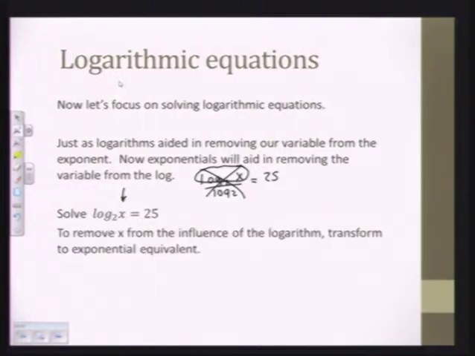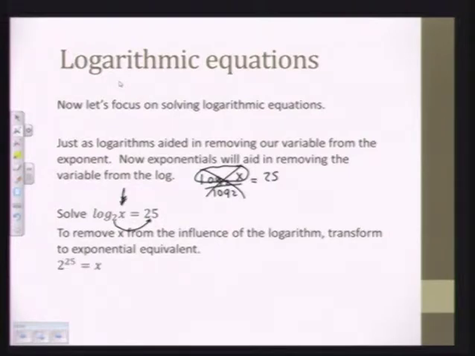And in this case, it's a pretty nice way to do this. We'll remove x from the influence of the logarithm by transforming this logarithmic equation into its equivalent in exponentials. And remember, that means that 2 to the 25 will equal our x.